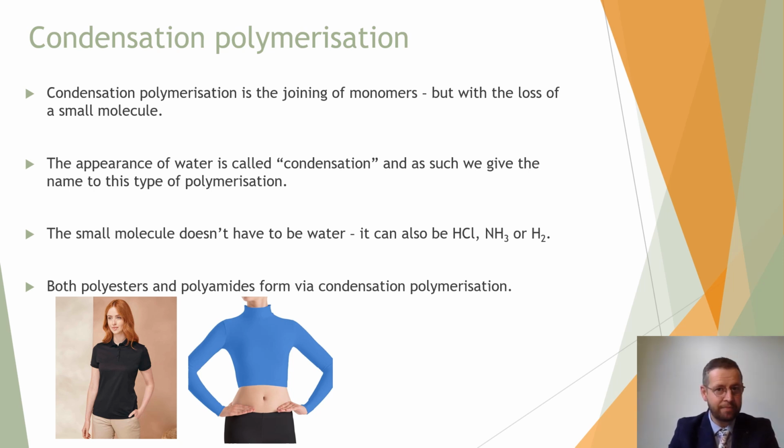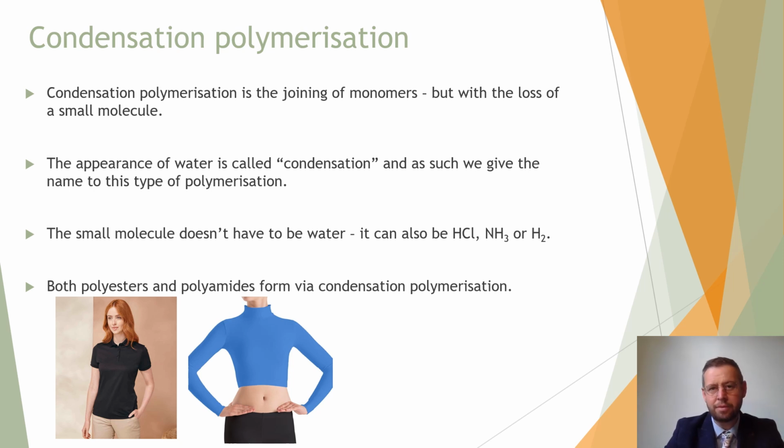Normally, the most obvious example is when water is lost, and that's why we use the name condensation. When water appears on your bathroom mirror, we would call it condensation. In this joining together of monomers, water is coming out of these larger molecules. So we're going to look at that in a little bit more detail.